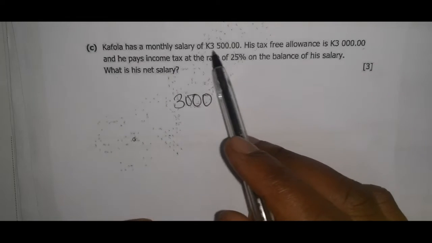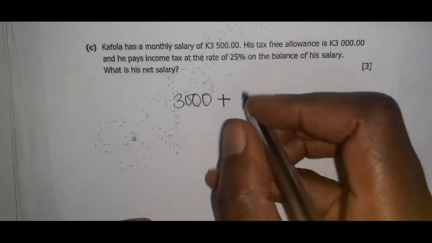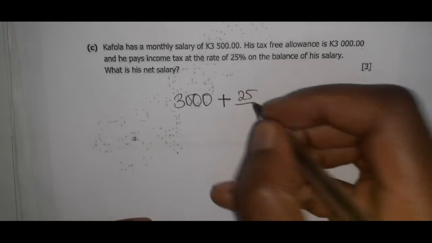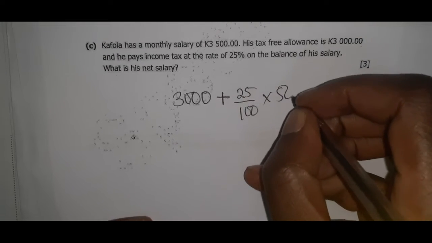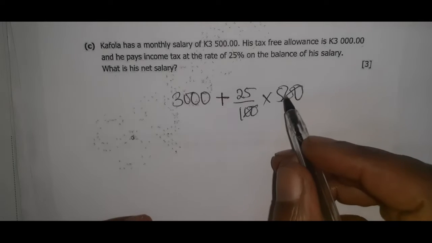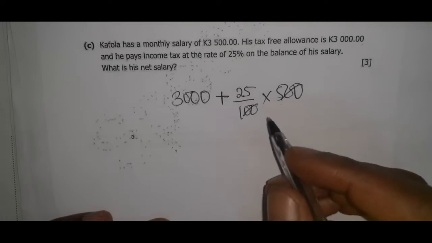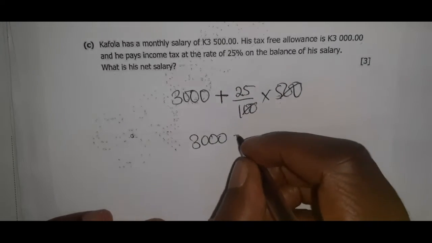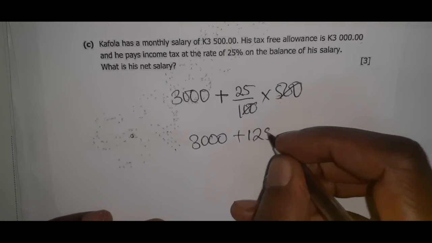So you should know that from this total amount, 3,000 is not taxed. So what is the balance there? The balance is 500. So we're going to say 25%. 25% is 25 over 100 multiplied by 500. Can you multiply 5 multiplied by 25? What do you get? So we have 3,000 added to 125.